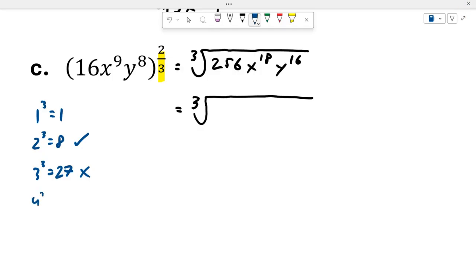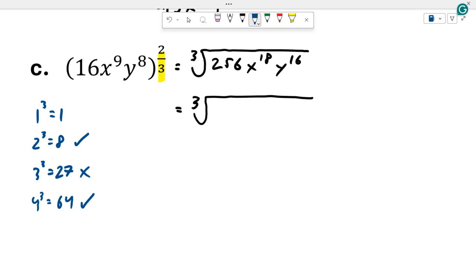4 cubed is 64. And 256 divided by 64 is 4. So that does go into 256.